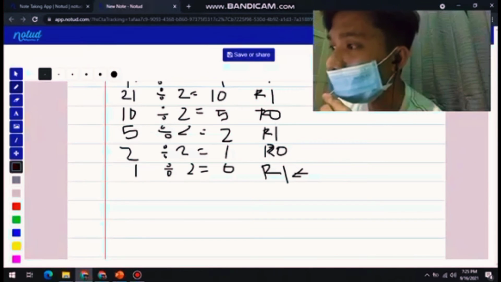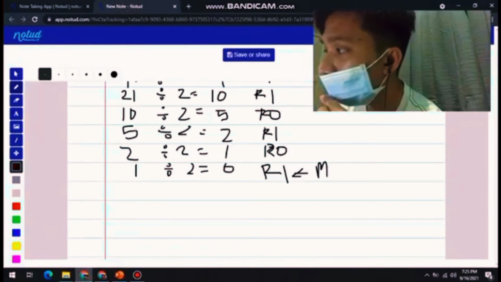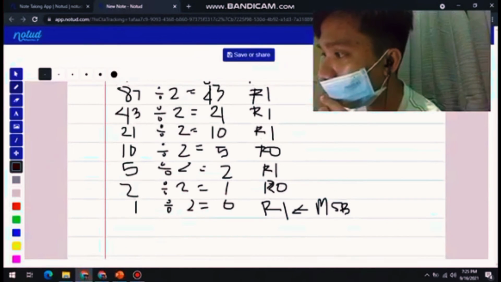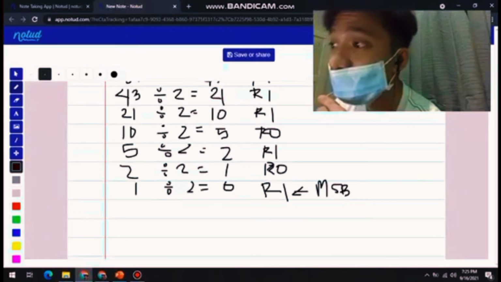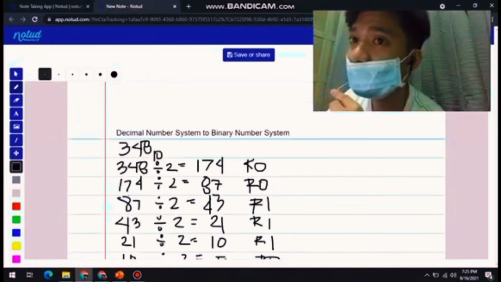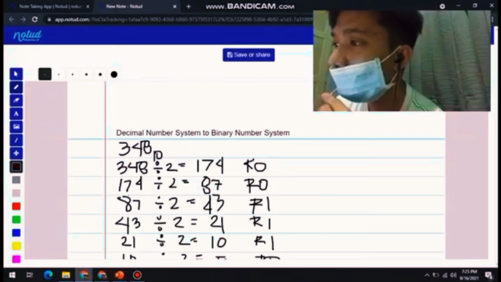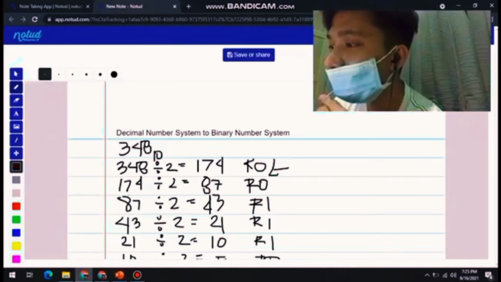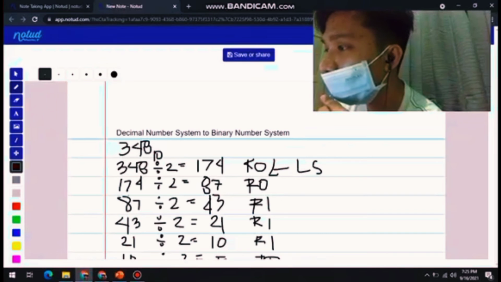The last remainder is the most significant bit. We will read this from bottom to top. The first remainder is the least significant bit.